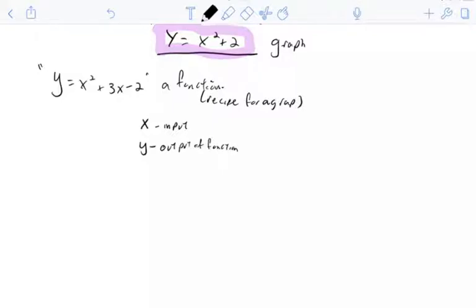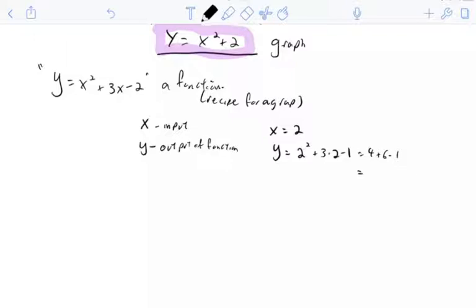So if someone says, evaluate this function at x equals 2, we don't have function notation anymore. You just say x is equal to 2, and then you go y is equal, and you plug in the value 2, just like you would with function notation. So that's equal to 4 plus 6 minus 1.